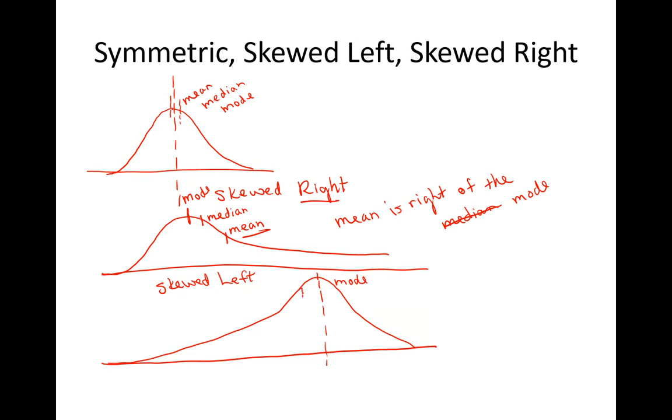Typically, the median would be a little farther, and the mean might be all the way over here. When we are skewed left, the mean is left of the mode. It's usually left of the mode and the median.